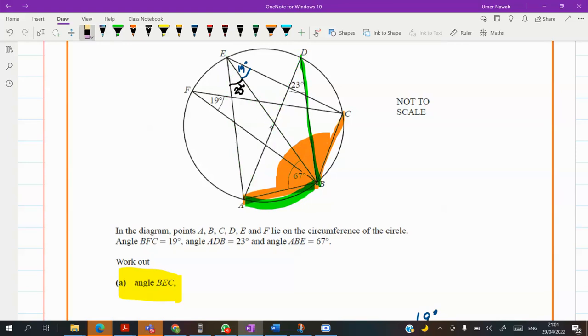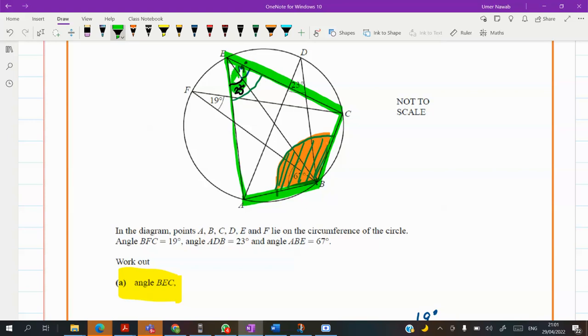Now erase everything. Now I want this angle ABC. The opposite to this one is 25 and 19, then this angle is given. Do we have this quadrilateral cyclic? AB, BC, CE, and AE are cyclic.